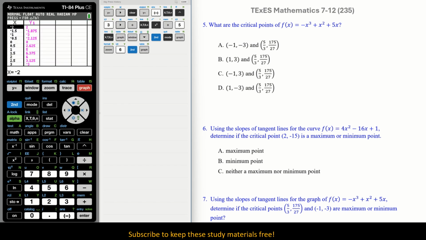We're going to have to change these settings. Notice how I have everything in a decimal form. Everything's with a half. Let's change that. I see that my A, B, C, and D options are either integers or fractions.